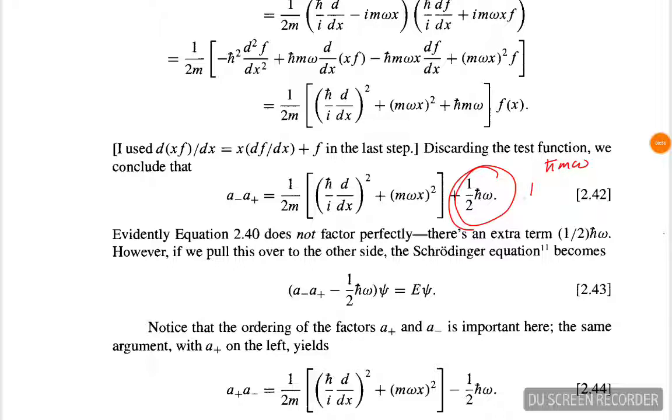If I factor out 1 over 2m, we get that h bar omega there. That guy.